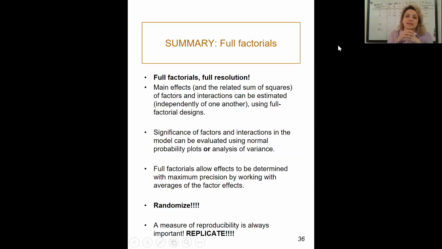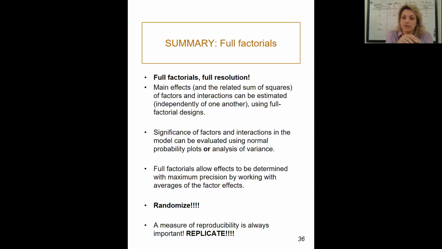Okay, so let's have a summary here. Full factorials, full resolution: main effects and the related sum of squares of factors and interactions can be estimated independently of one another using full factorial design. Significance of factors and interactions in the model can be evaluated using normal probability plots or analysis of variance, ANOVA.